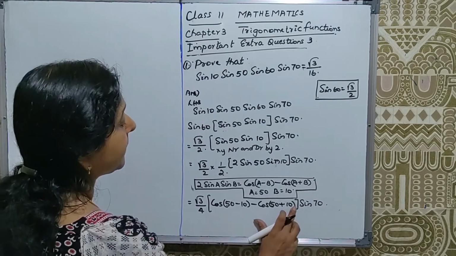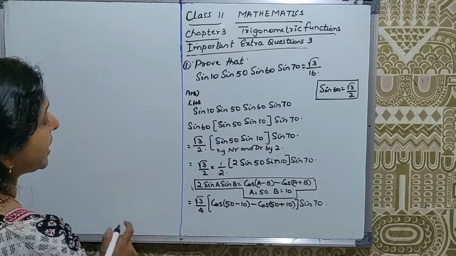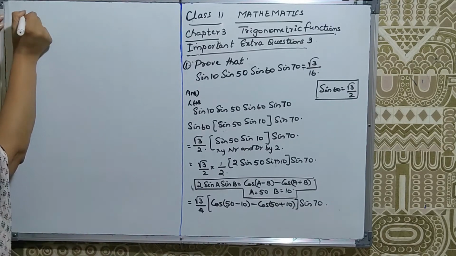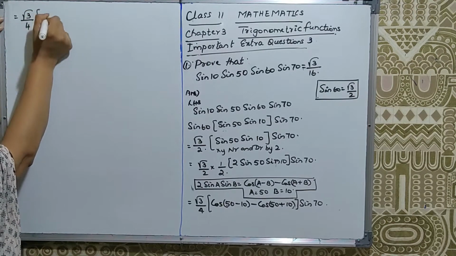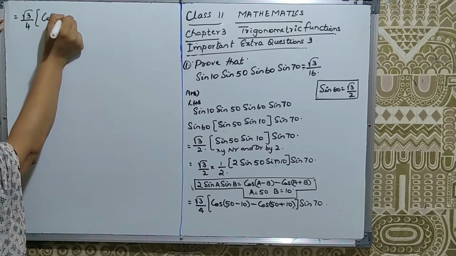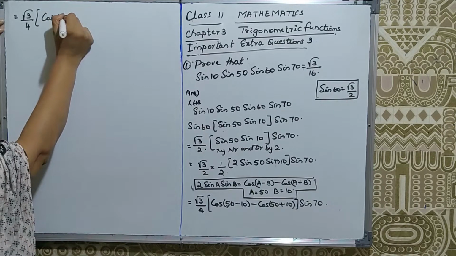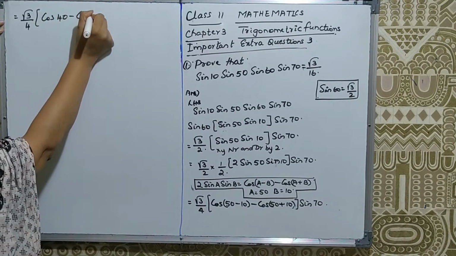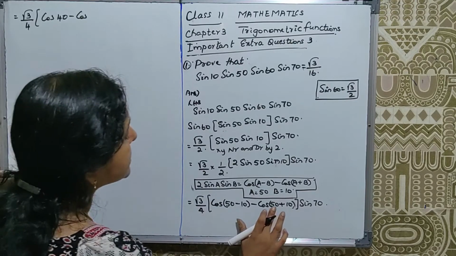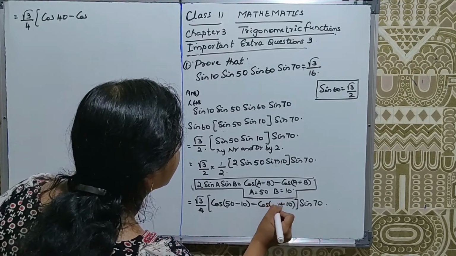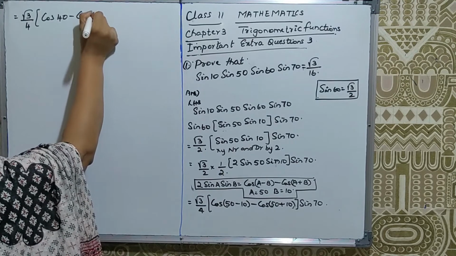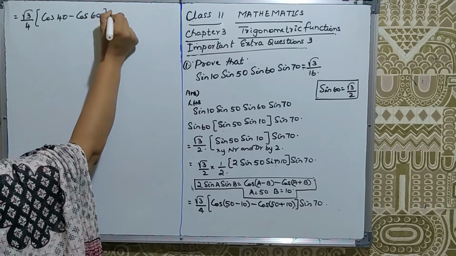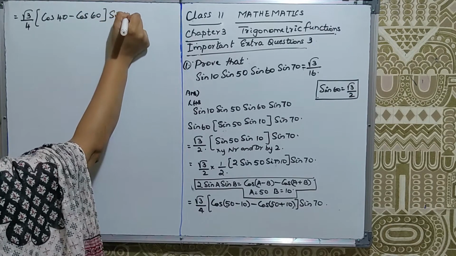Now it will be root 3 by 4 into cos 40 minus cos 60, since 50 plus 10 is 60, again into sin 70.